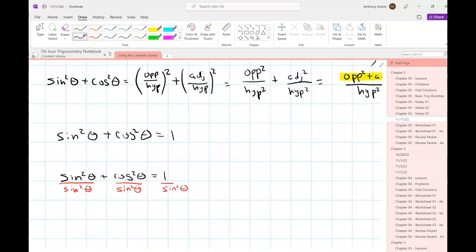When I do that, what is sine squared theta divided by sine squared theta equal? 1. Okay. What's cosine squared theta divided by sine squared theta?